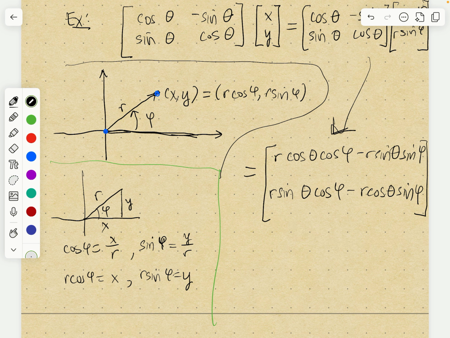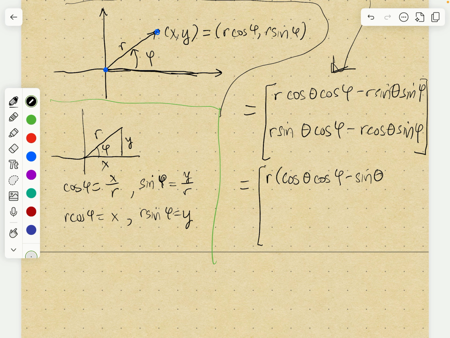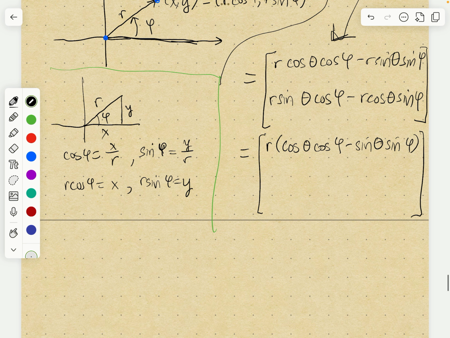And now what is this vector? Well, we can use some trig identity. First of all, let's factor out the r, because I see that I can factor out the r. So on the top, I'm going to have r times parentheses cosine theta cosine phi minus sine theta sine phi, right? And then for the second component, I can also factor out an r. I'm going to get sine theta cosine phi minus cosine theta sine phi.